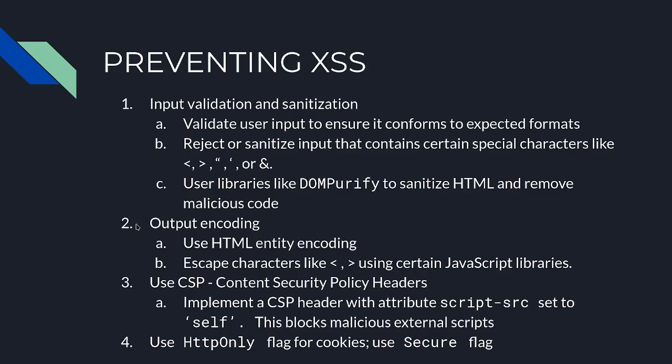The other way would be to encode your output. Typically, you would require a combination of all of these, but I'm just pointing out the individual ways. Output encoding means to escape characters like these using certain JavaScript libraries, and also encoding HTML entities.